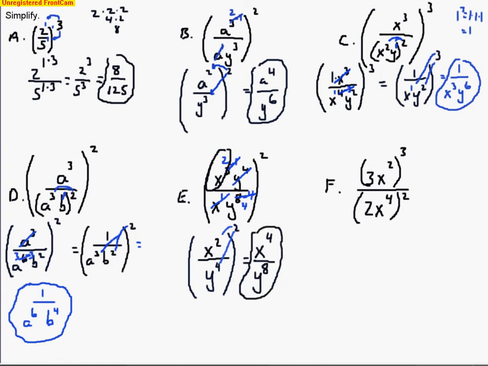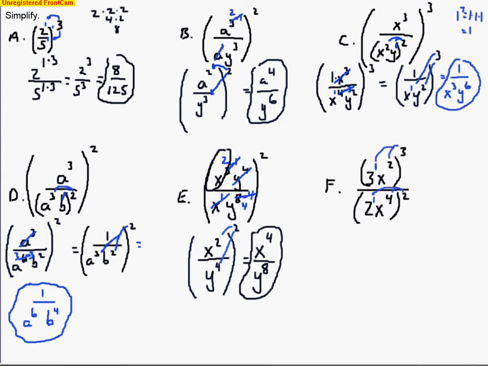Well, last problem here. We've got some simplifying we've got to do before we can do some reducing. So let's see what we can do here. Well, remember, now we've got the 3 inside the parentheses, and it's being raised to the third power. So I'm going to put a 1 on that exponent, on that coefficient, 1 on this coefficient as well. And now let's multiply those exponents.